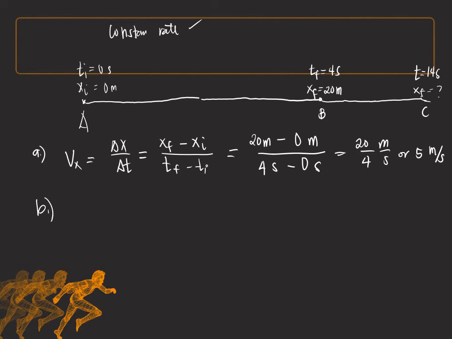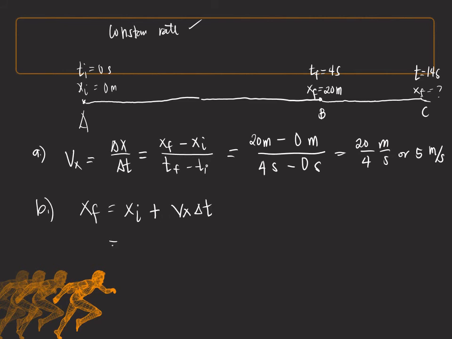So from our derived formula, the only formula for particle under constant velocity is that the final position is equal to the initial position plus the constant velocity times the change in time.